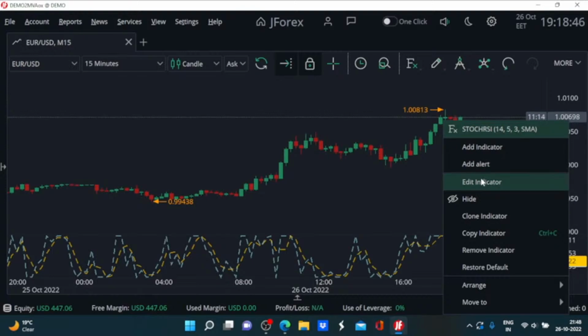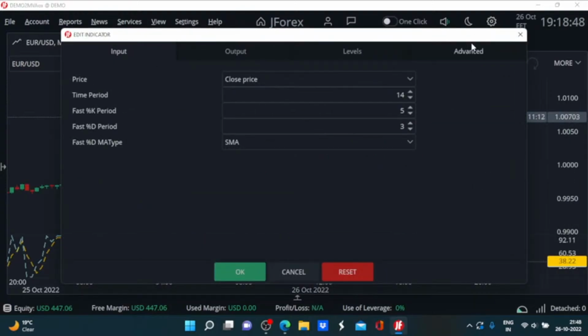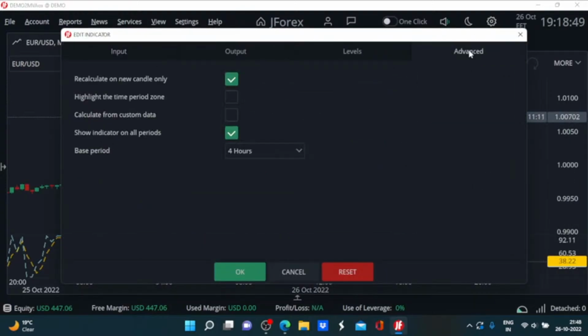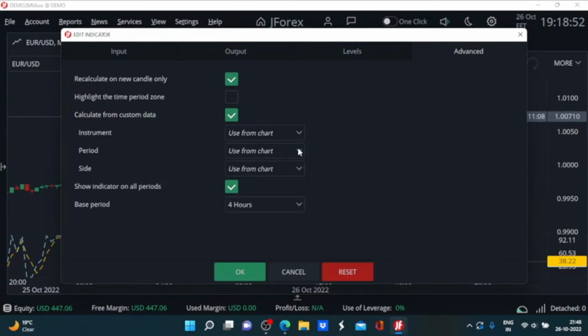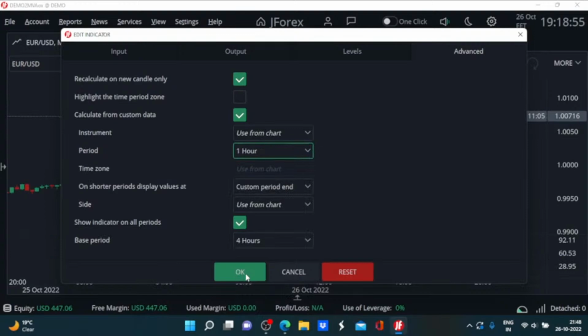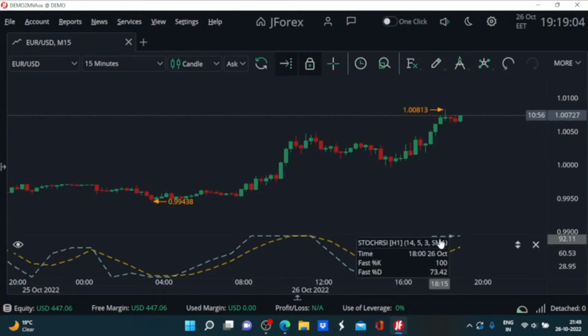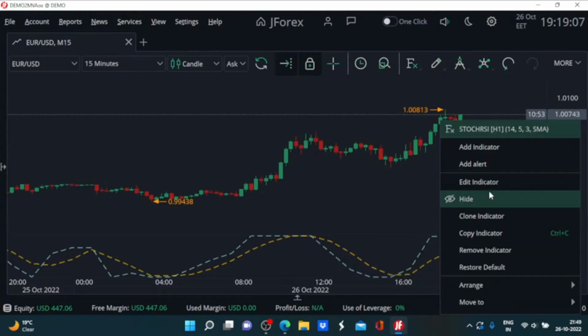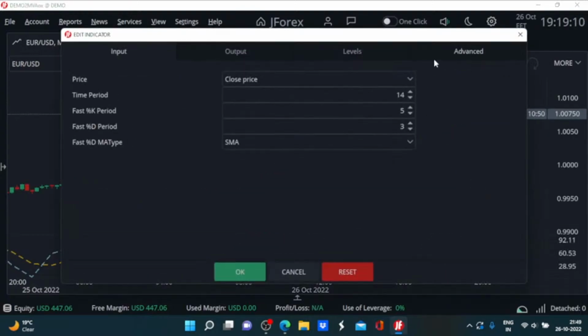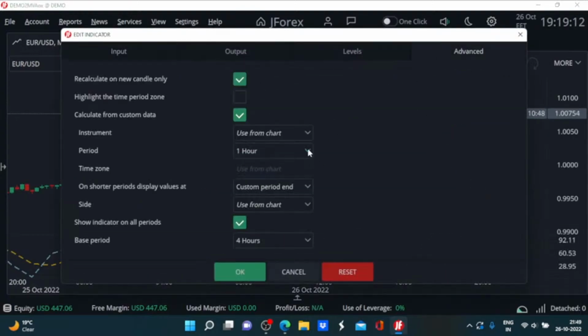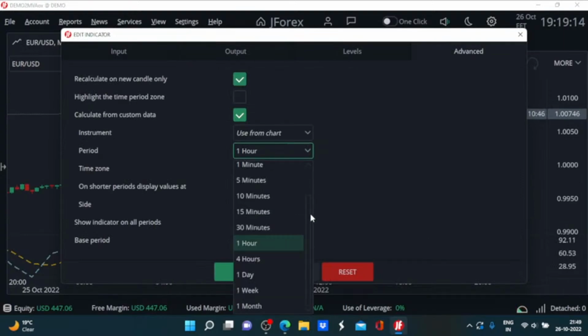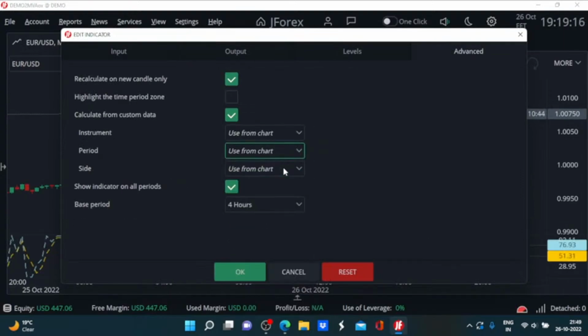So here I am now opting for some editing options, and if I change it to say hourly, now here you can note that even though the chart candle period is of 15-minute time frame, we have the plotting of the stochastic RSI as per the hourly time frame. Now I'm going to restore it back to use from the chart.